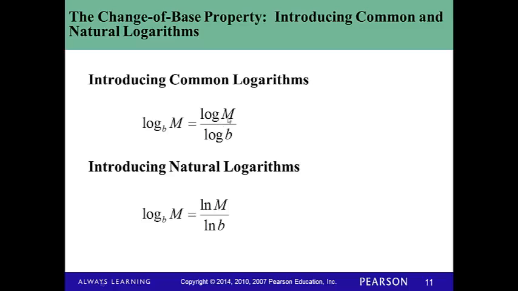So this is log of m divided by log of b. Well, remember, since it's invisible, it's base 10, and it's the argument, and then it's the base. And now it's the original base. And the same here, the natural log of m divided by the natural log of b. I usually use this one always, because they'll give us the same answers.